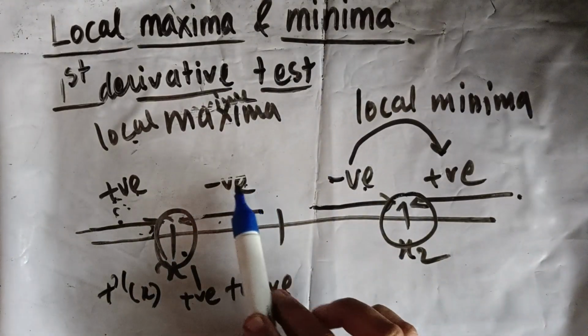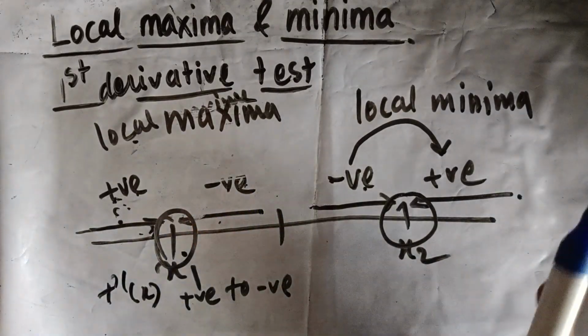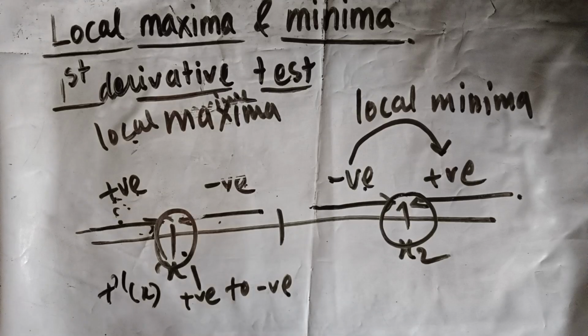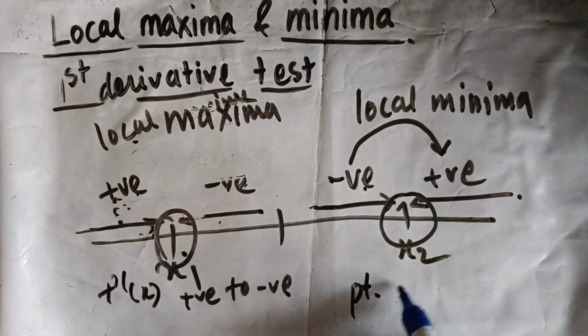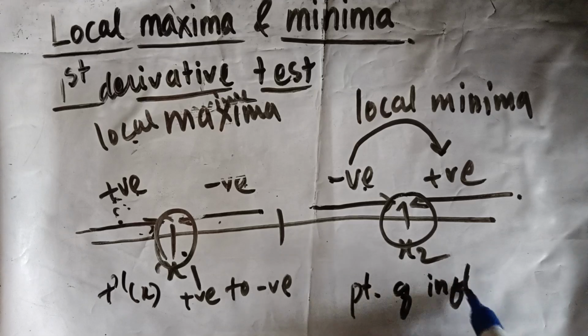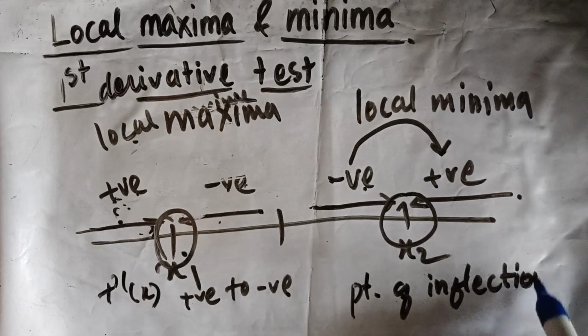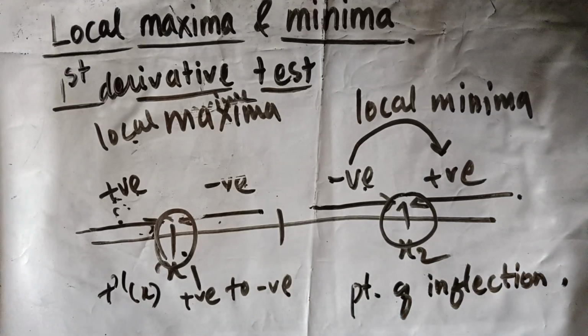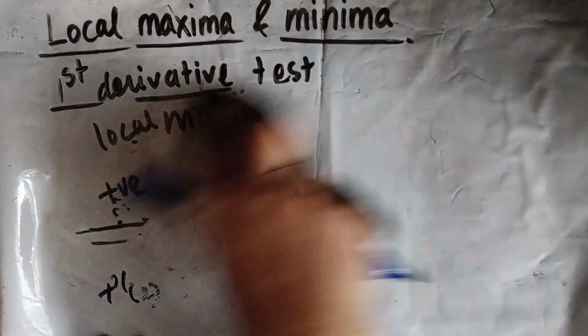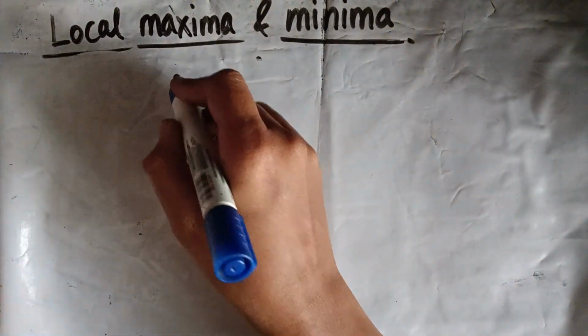If the sign is not getting changed, that is, it is remaining positive to positive or negative to negative, then that point is called point of inflection. Okay. So let's solve some problems so that you will understand it better. Also, I'll explain the second derivative test.